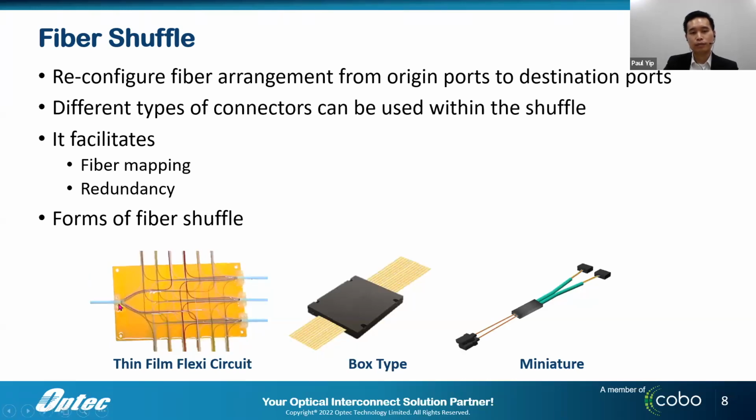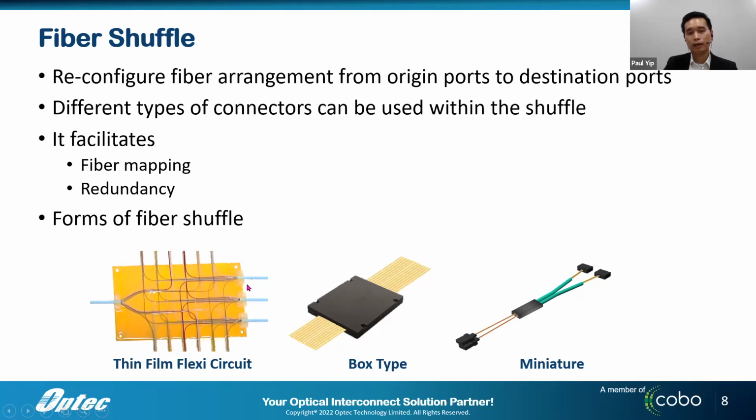With the fiber shuffle, the idea is to bring the fiber from one port, which I call the original port, to the destination port. In the middle, we can rearrange the fibers so that they connect from multi-port to multi-port, and go in different directions as we need.